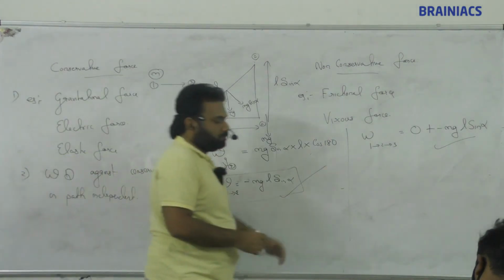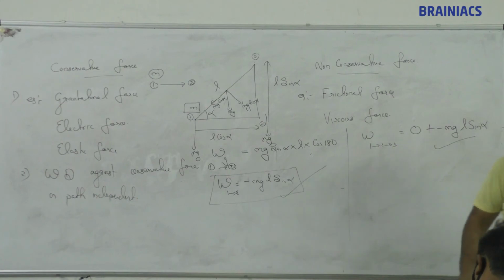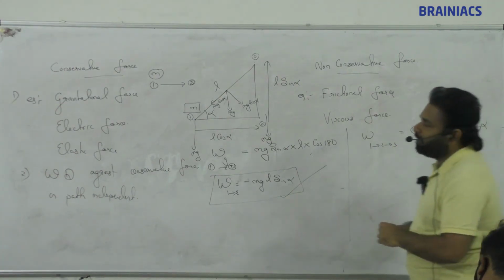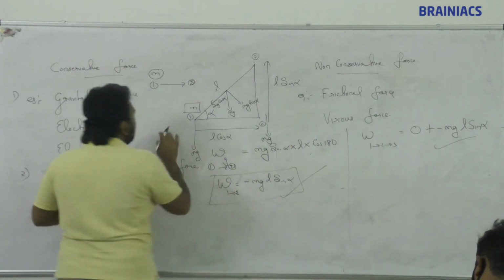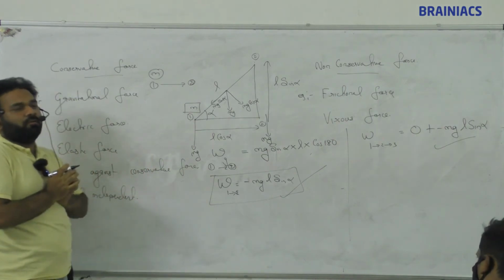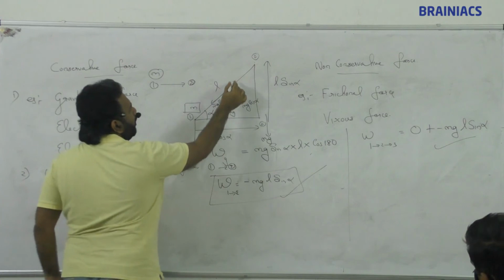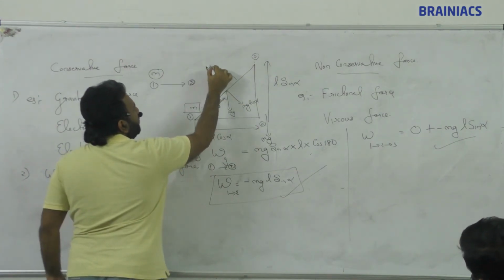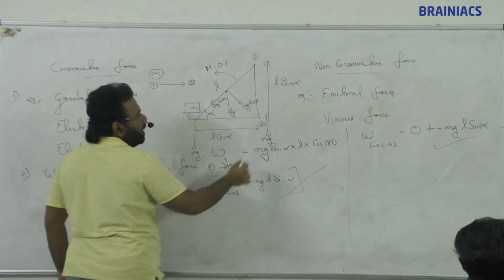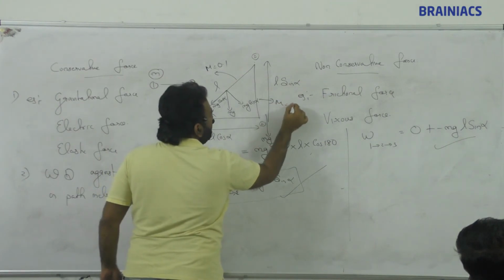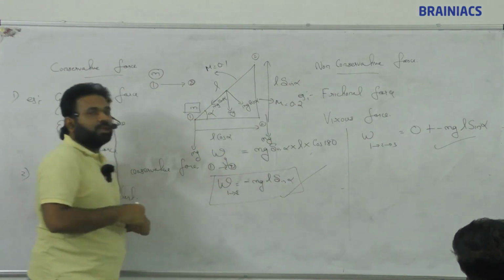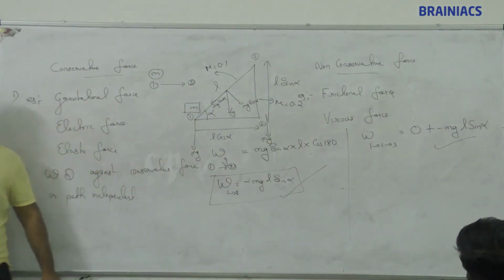Clear? Now suppose the same example, if I try to do work done by friction, with one statement things will go wrong. Here if mu is equal to 0.1 and here if mu is equal to 0.2, things will become different, right?